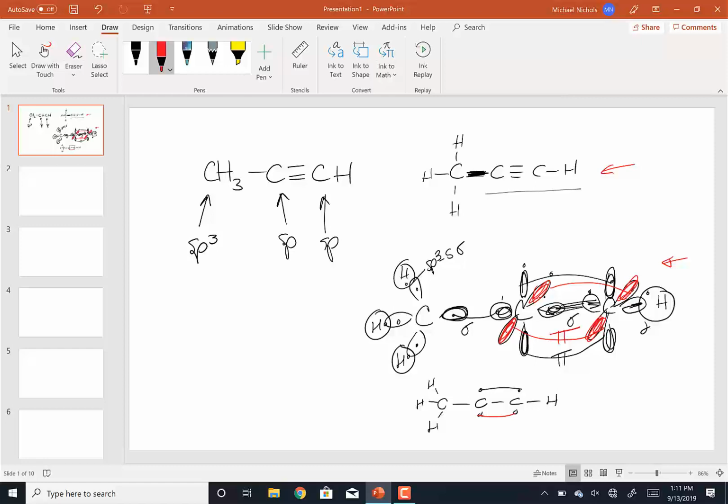I have a question about the sp3 and then s sigma bond orbital. Would you have to color in those bonds or shade in those bonds too because they're hybridized? Or I mean, you could. I use the shading to tell the difference between a hybrid and a non-hybridized orbital.